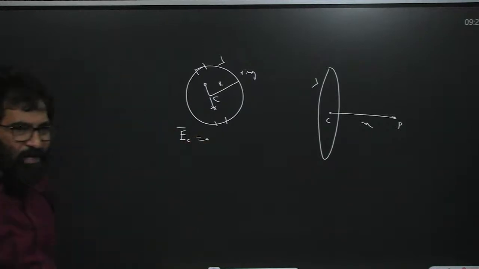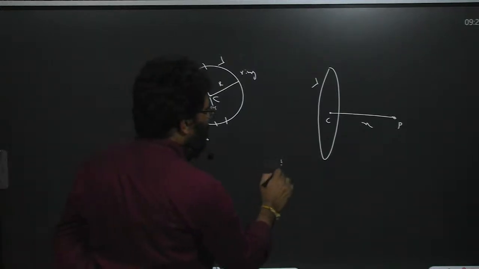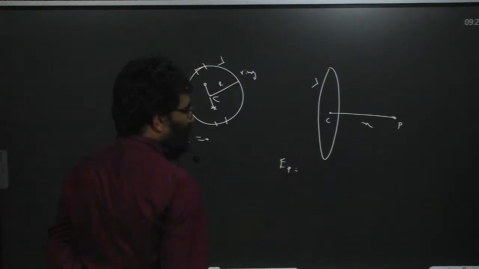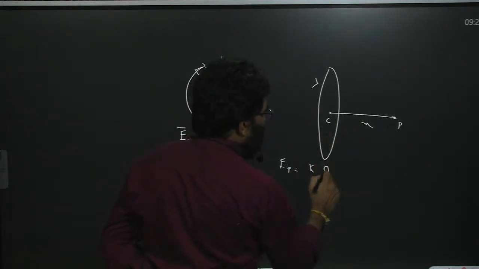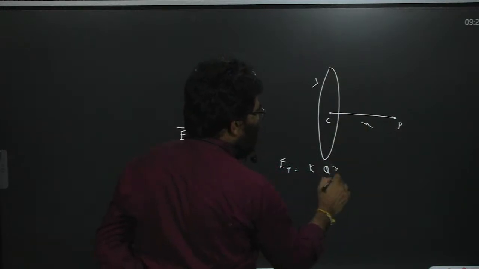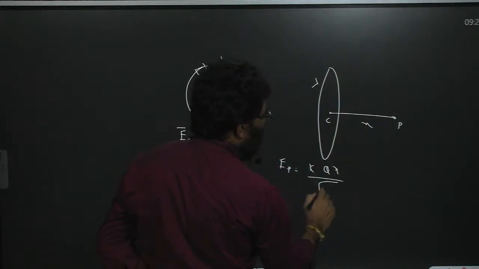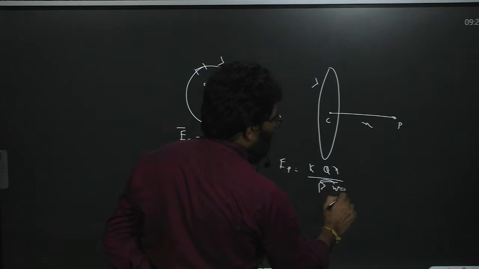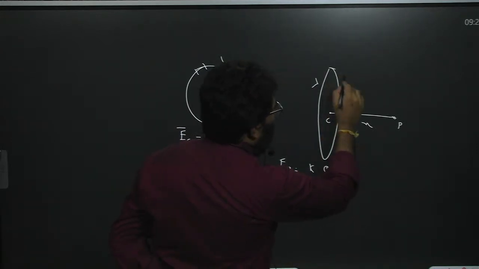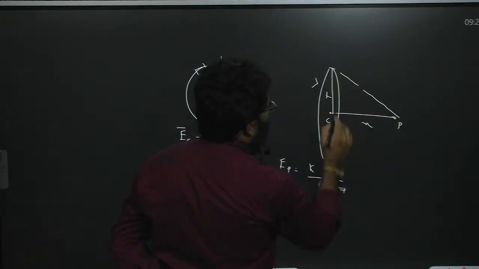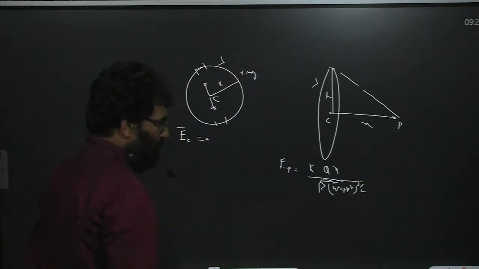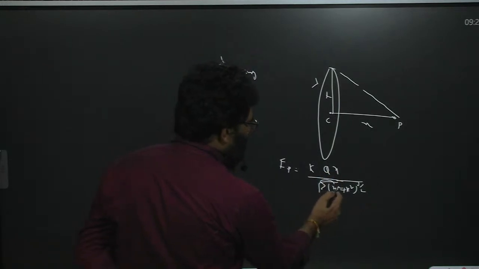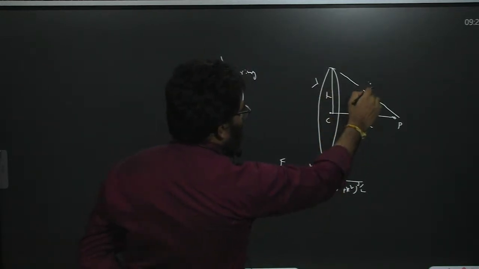The field at point P is EP equal to K, 1 by 4 pi epsilon naught, Q, total, K Q x by root over x square plus r square whole power 3 by 2. This r is the radius of the ring.